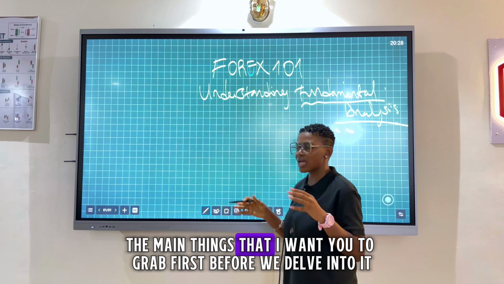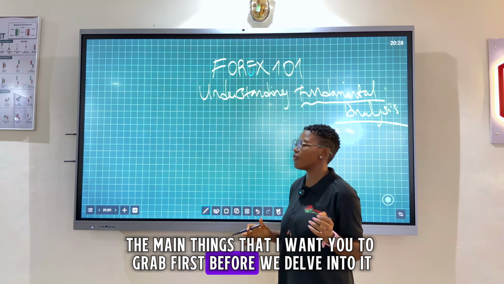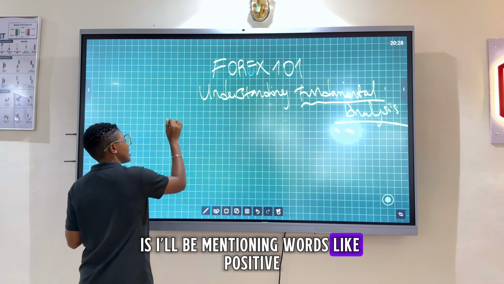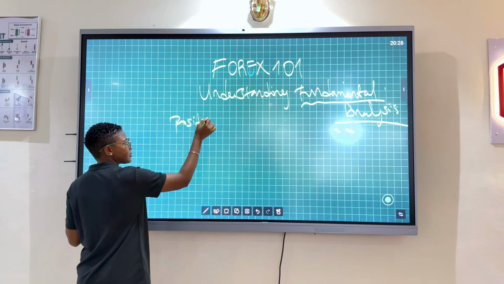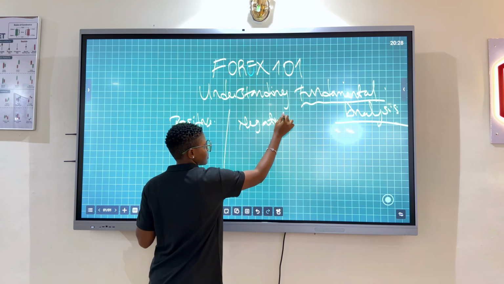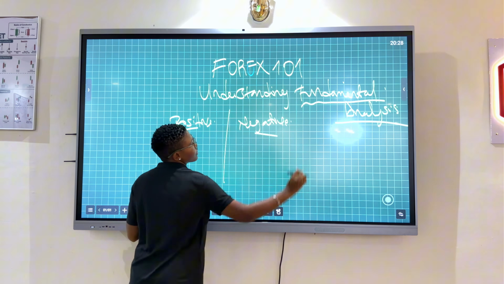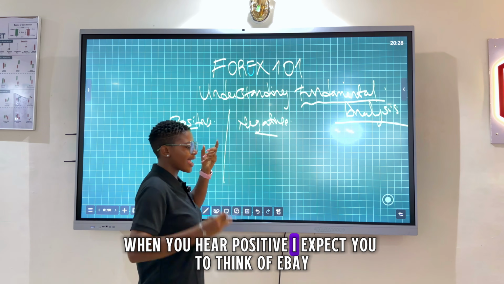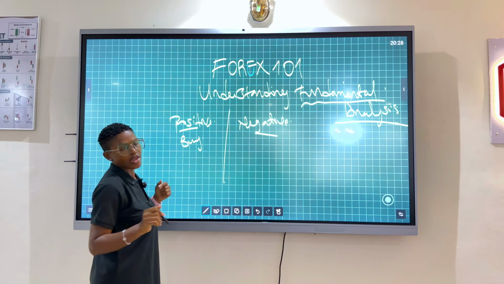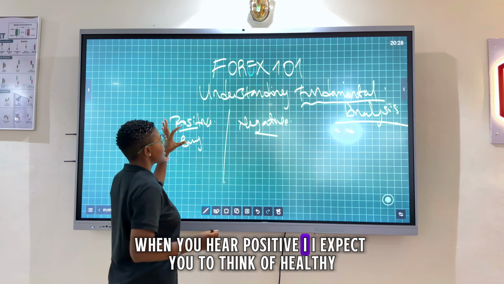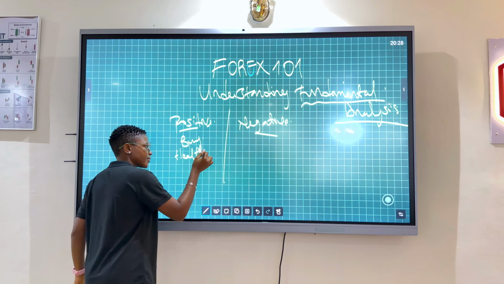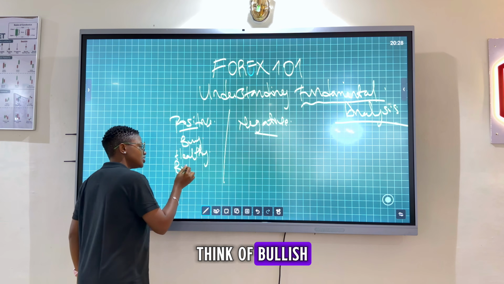The main things that I want you to grasp first, before we delve into it, is that I'll be mentioning words like positive and negative. When you hear positive, I expect you to think of a buy, think of healthy, think of bullish.